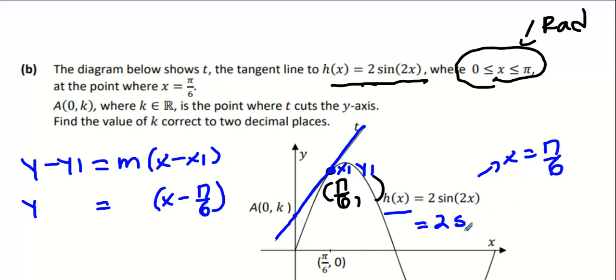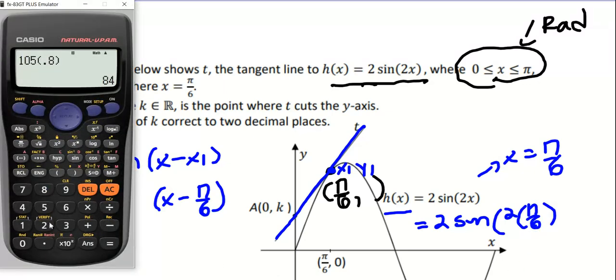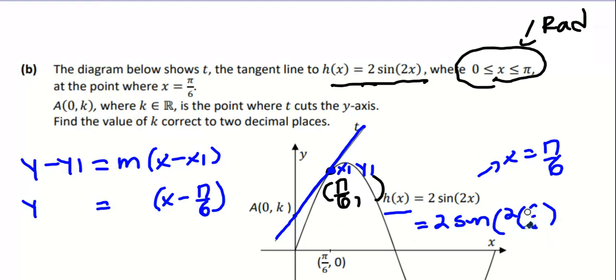So it's going to be 2 times sine of 2 times pi over 6. 2 times pi over 6 is actually pi over 3, if you do it in the calculator, or as one of my students refers to fractions, 1/3 pi.